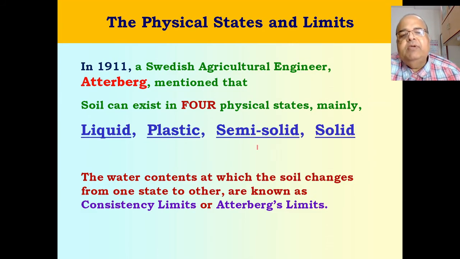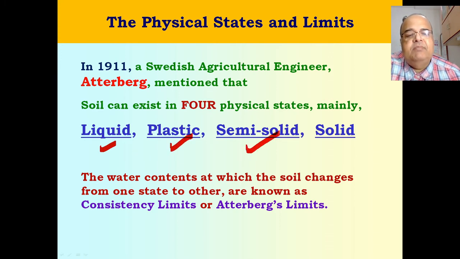The other thing that is very important to note is that the soil can exist in different physical states. In 1911, a Swedish agricultural engineer, Atterberg, mentioned that the soil can exist in 4 physical states: liquid state, plastic state, semi-solid state, and solid state.